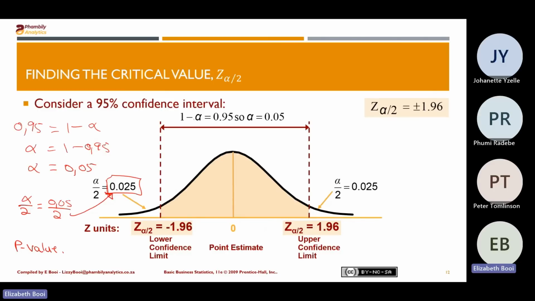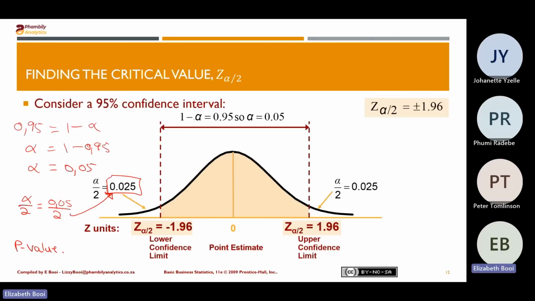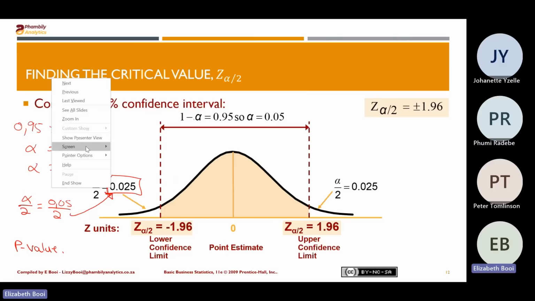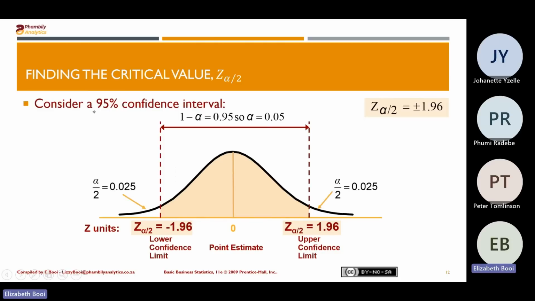Now, let's play around before going to do some exercise. Oh, come on. I cannot even clear the ink. Let's see if I can clear it from here. Okay, great. So let's find a 90.